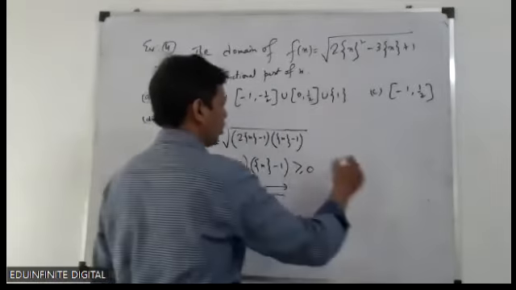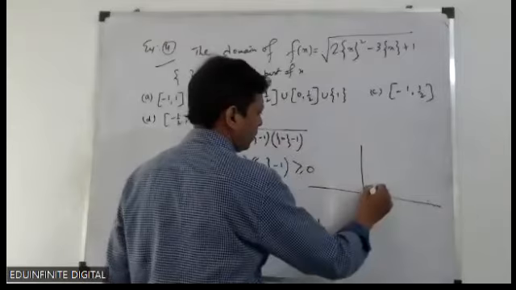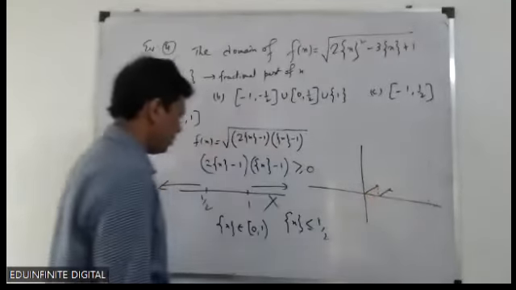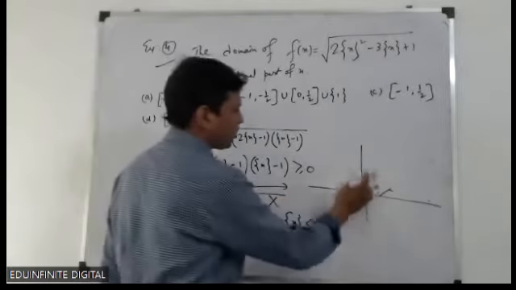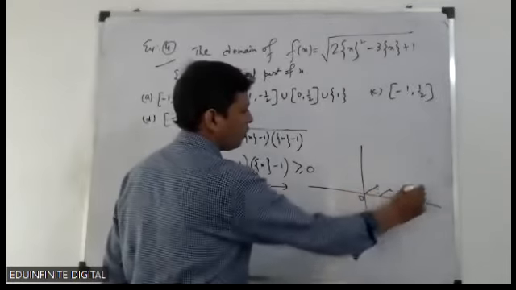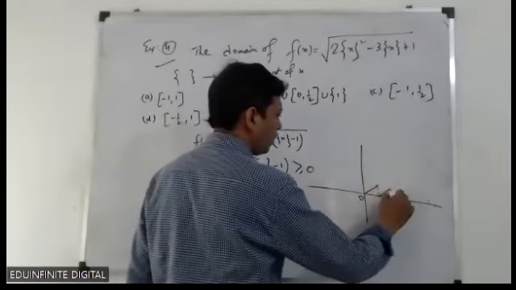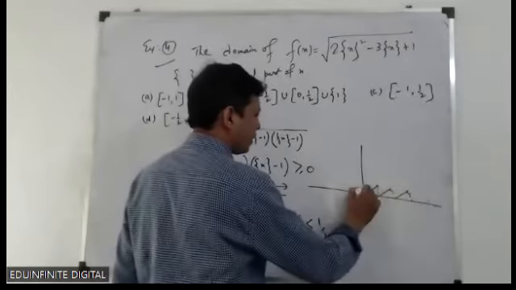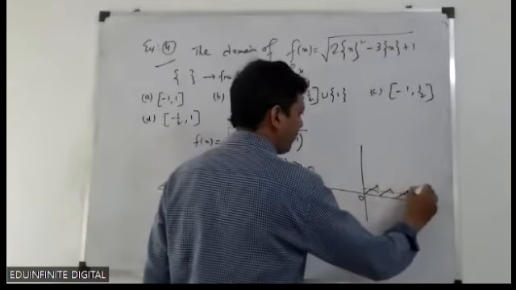Now which of the options can you directly state as the answer? Sir, I did not understand how you got that the fractional part of x belongs to 0 to 1. The fractional part of x is always between 0 and 1. Okay, yes, that is right. So this is the half line.